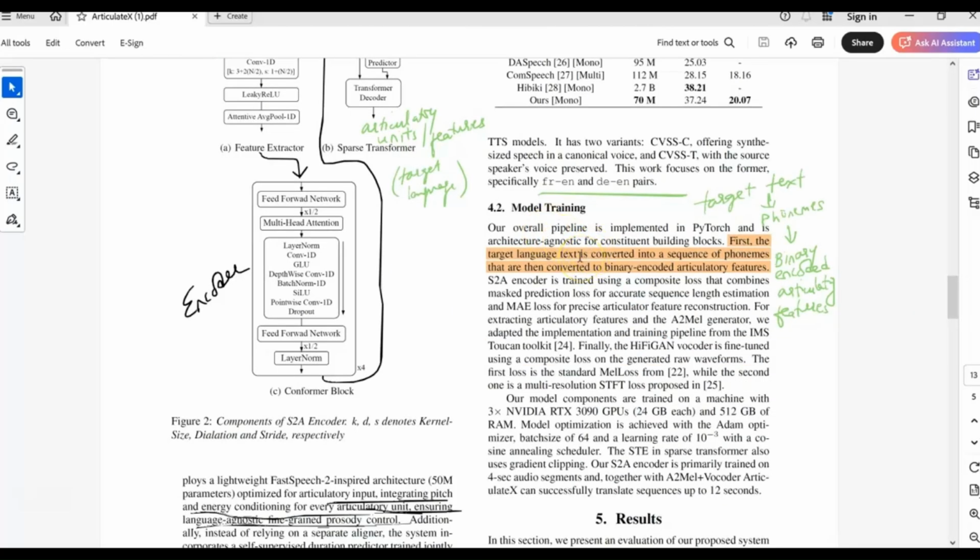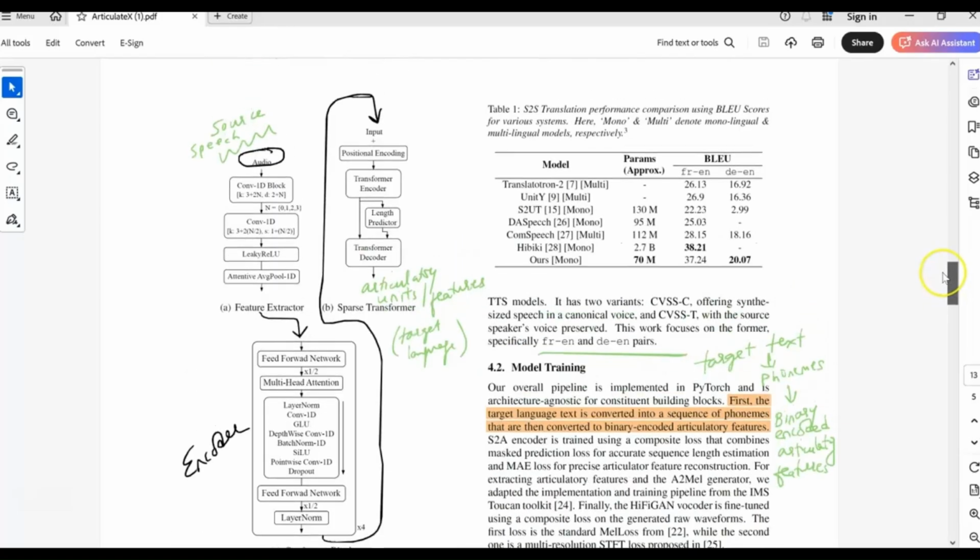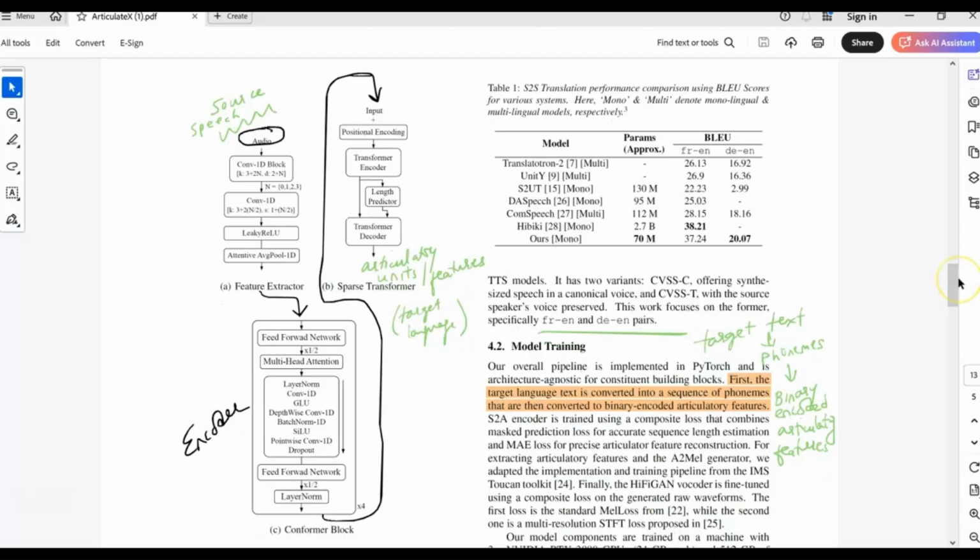In order to train the model, we need some training data. If we look at their architecture here, the first encoder, speech to articulator encoder, what you are training is to go from the speech in the source language to articulatory units in the target language. So you need that data for supervised training.